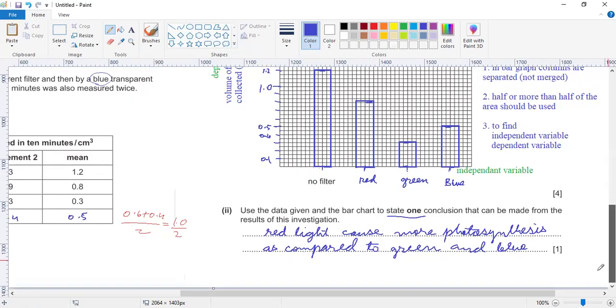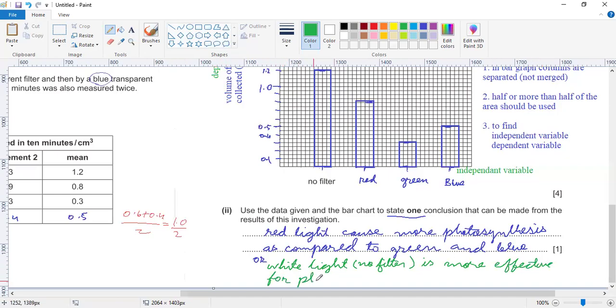Or you can answer in other words, that white light, when there is no filter, is more effective for photosynthesis as compared to individual colors.